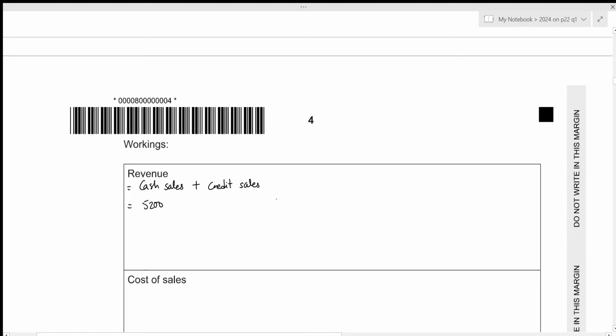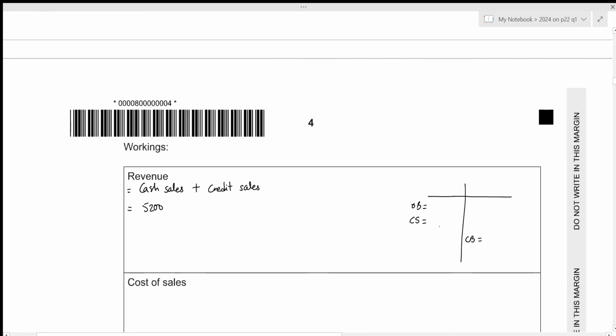In order to calculate the credit sales, we always need to refer to the sales ledger control account. So we can prepare a sales ledger control account roughly right here. We know that sales ledger control account includes the trade receivables, and trade receivables is an asset, which means that the opening balance of the trade receivables should be included here. The closing balance should be included here. And the credit sales that we need to calculate will be included on the debit side.